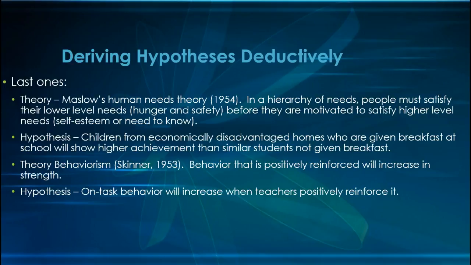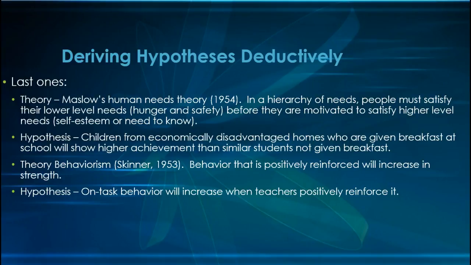So a hypothesis that we can derive from that would be children from economically disadvantaged homes who are given breakfast at school will show higher achievement than similar students not given breakfast. So we're looking at the theory, and we see that their lower level needs must be met first, which is where we get the breakfast, so we satisfy the hunger, and that will lead to a motivation to achieve higher.